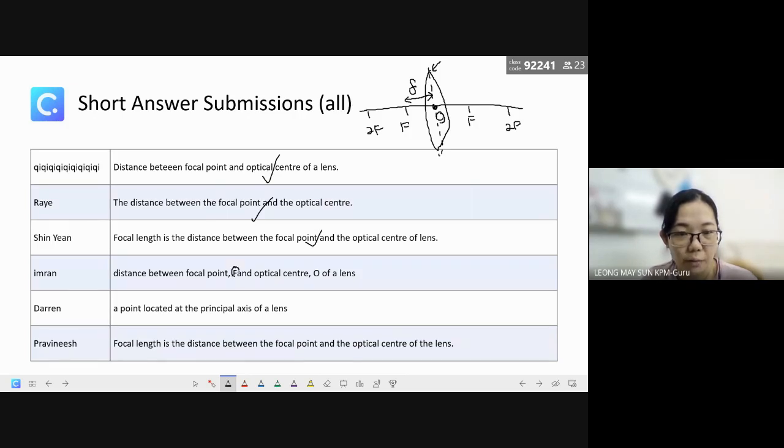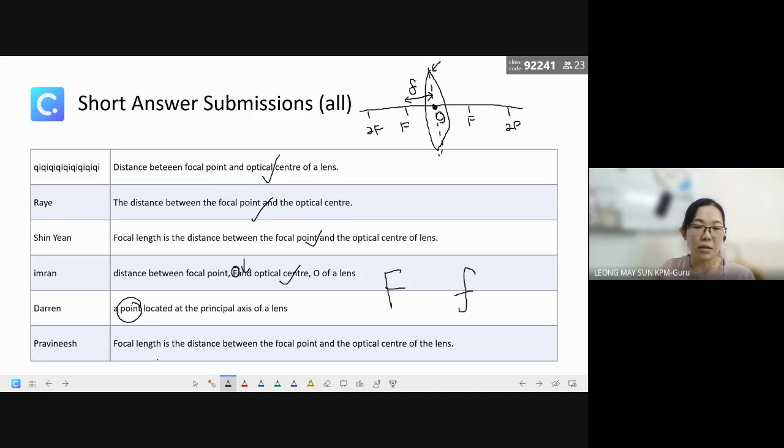Imran, be very careful of how you spell this, but anyhow, still acceptable. A point is not a point on the principal axis. If it's a point, it's going to be a capital letter, so that's the focal point. But if it's a distance, it's a small letter, so that's the focal length.